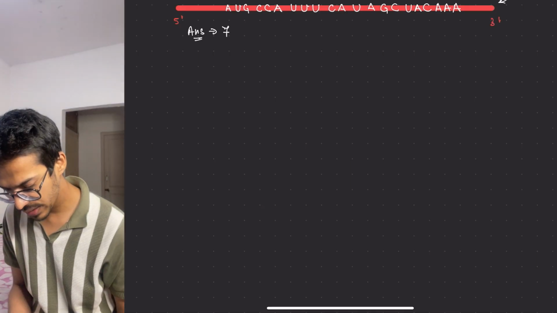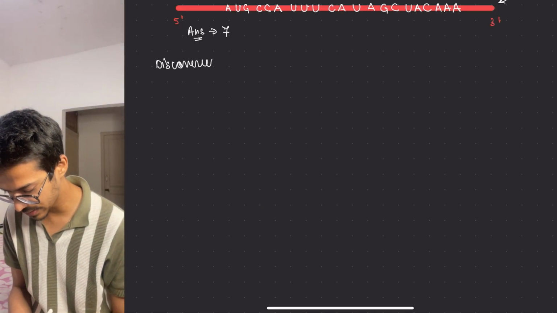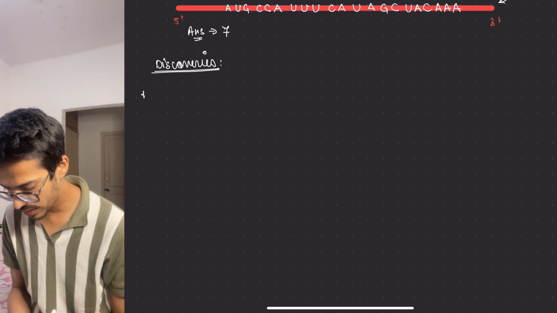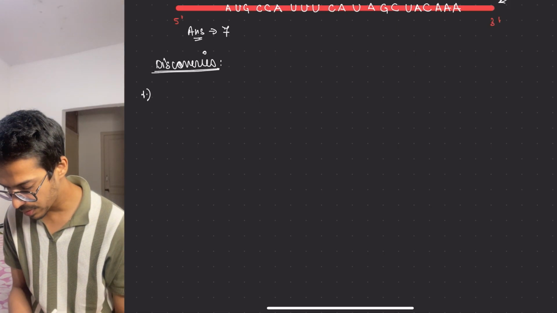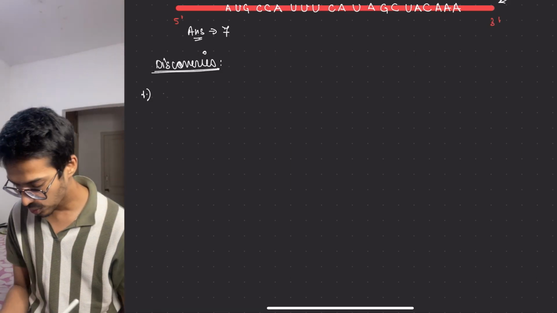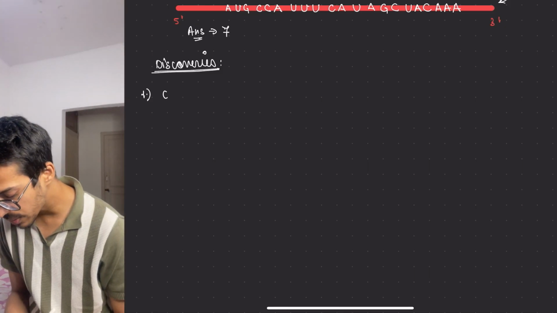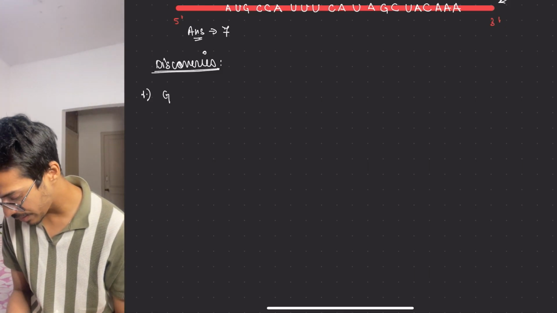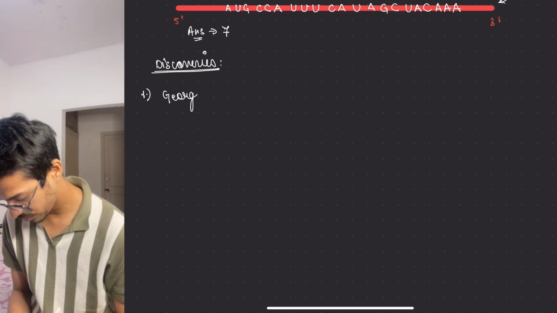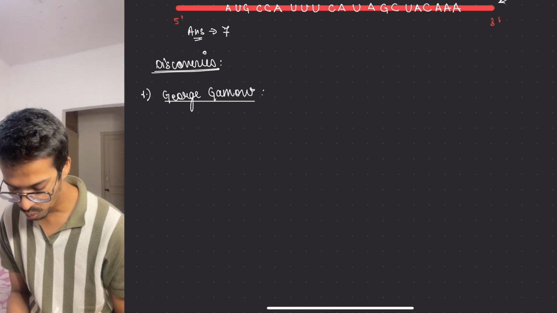Okay, so here come certain discoveries. What discoveries are we going to talk about? Number one: how do we know that the codon is a triplet? Name by name we are going to do it. There was a person named George Gamow.